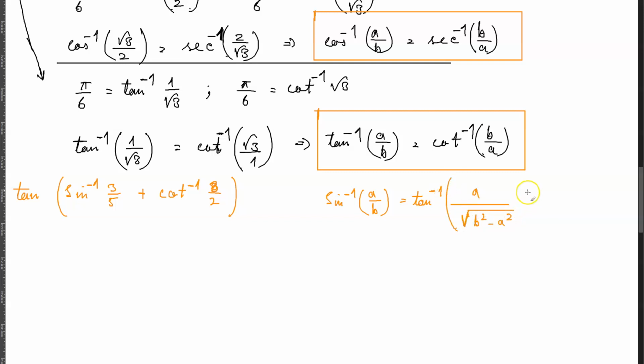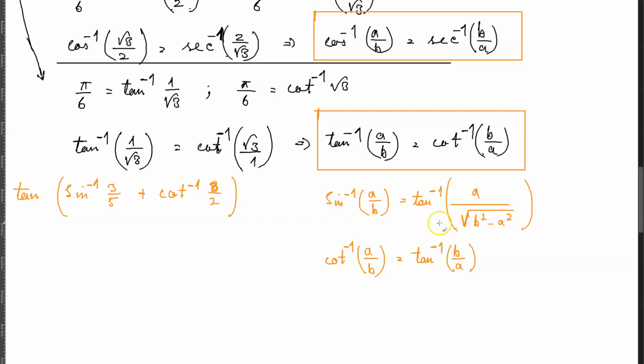Okay, so that is one formula that we can use here. And also the cot inverse of A by B, as we argued before, is the same thing as the tan inverse of B by A.